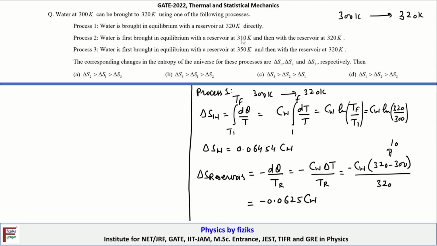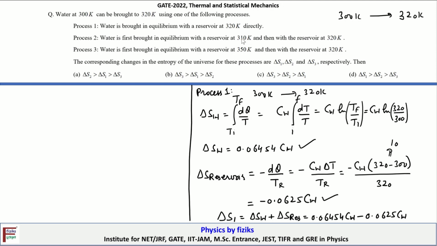Cw. So delta S1, the entropy change for the universe, is equal to delta S water plus delta S reservoir. If we substitute the value of delta S water from here and delta S reservoir from here, that is 0.06454 Cw minus 0.0625 Cw.